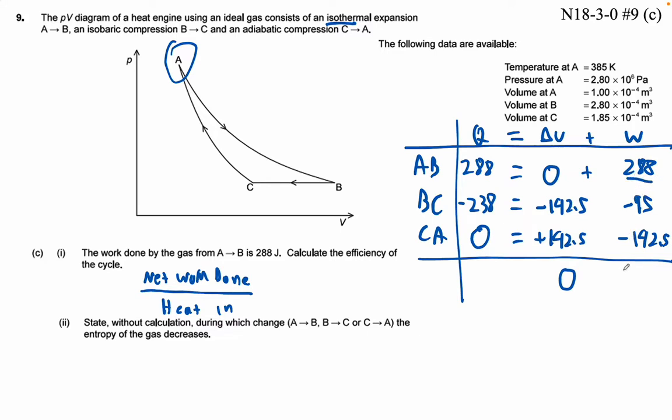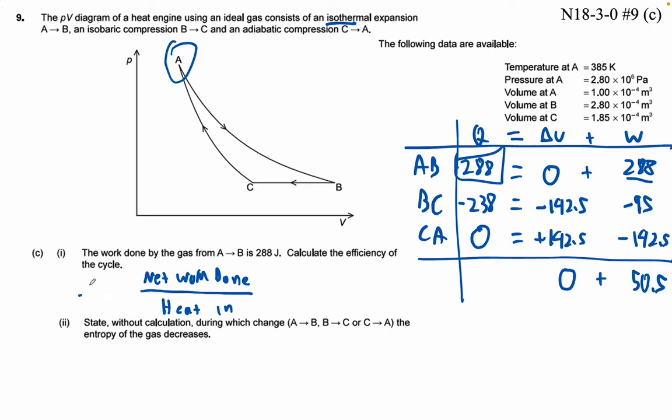So let's figure out the net amount of work. The net amount of work is 288 minus 95 minus 142.5. It's 50.5. Okay. The net amount of heat that flowed in is 288, right?